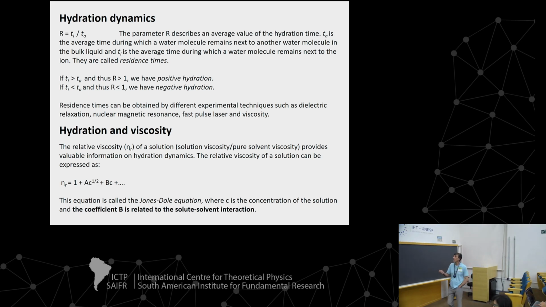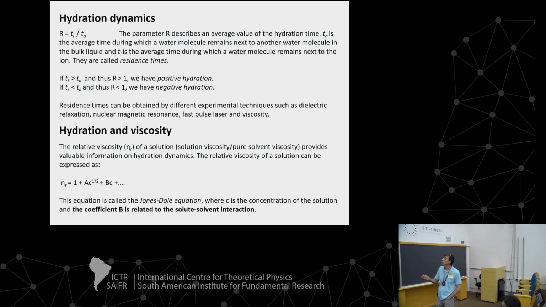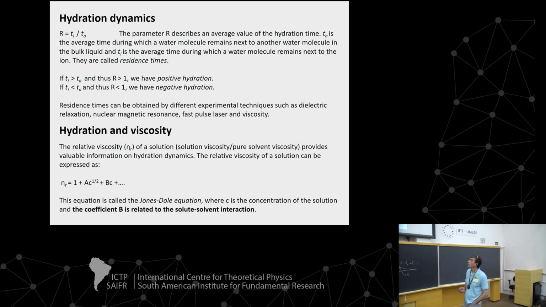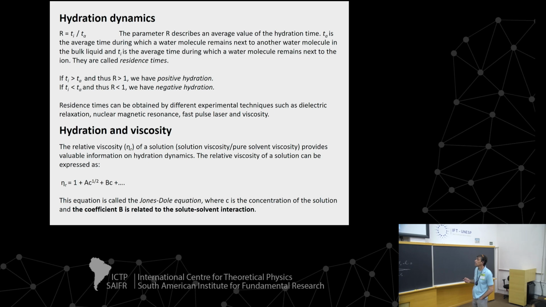And if you have a value lower than 1, we're going to speak of negative hydration. The ion is not going to be hydrated, or it is hydrated only for very short times. And these residence times can be measured by different techniques, like dielectric relaxation, NMR, or viscosity, for example.